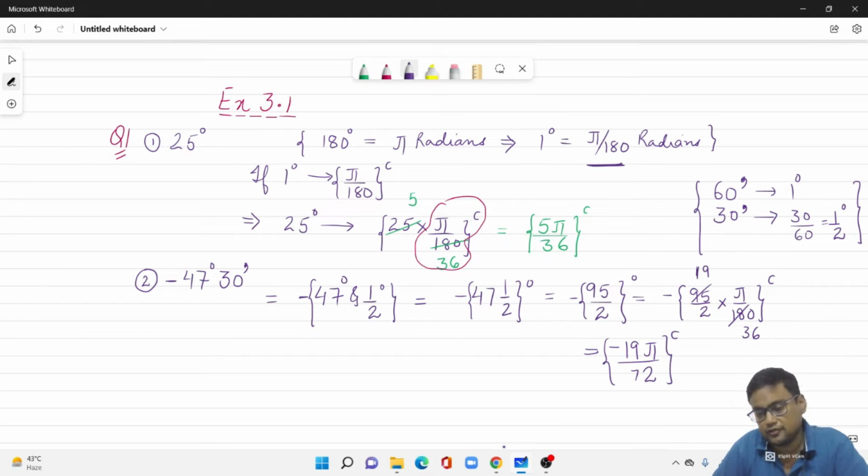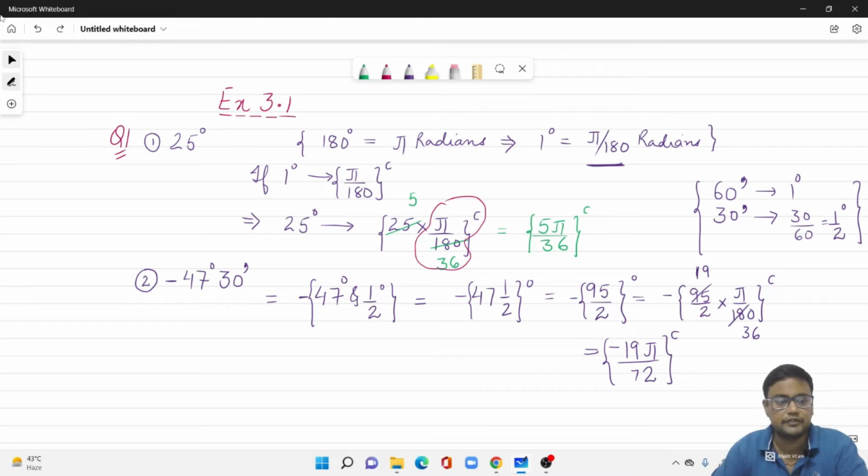We will not write pi as 22 by 7. Remember children, unless asked, pi will remain pi. Pi is a symbol which represents that the value is in radians. Okay, pi is a symbol which will tell that the value is still in radians.